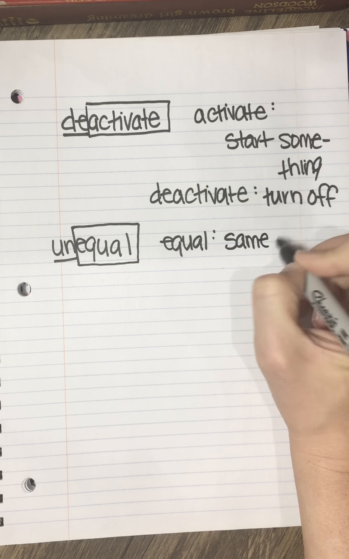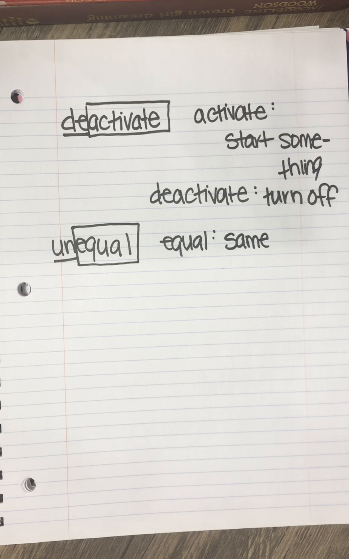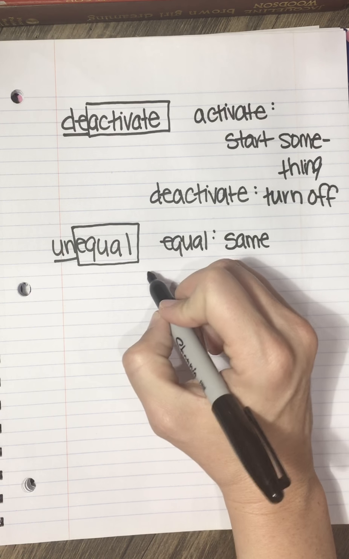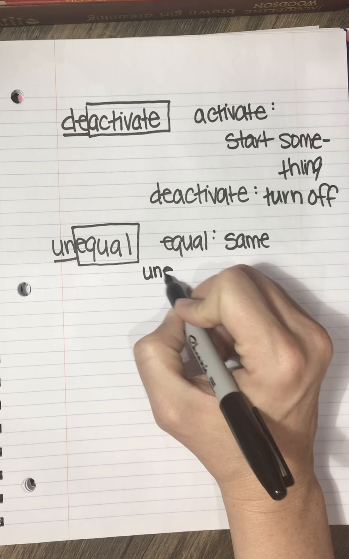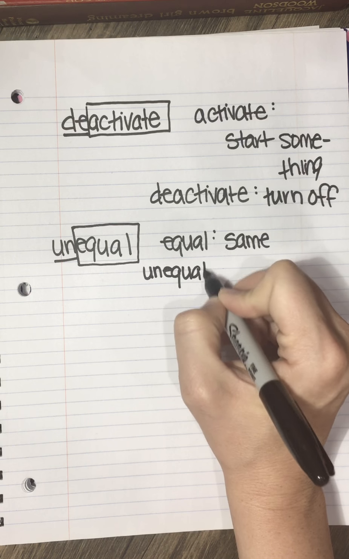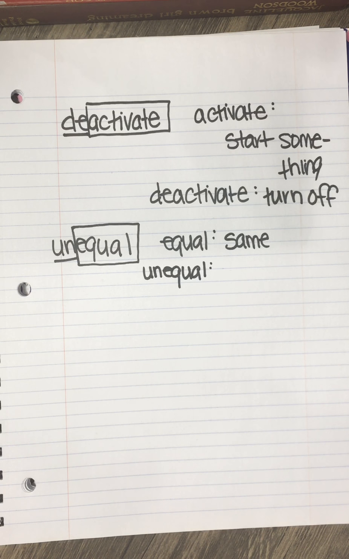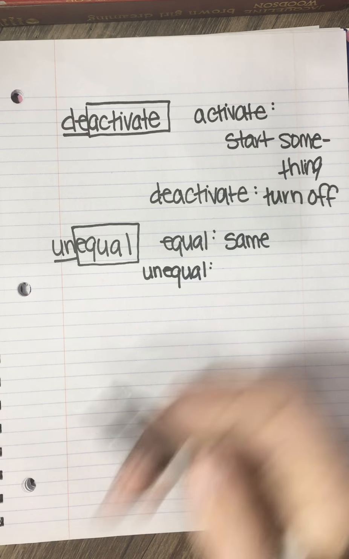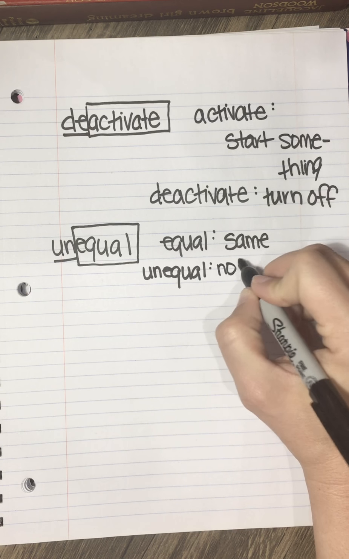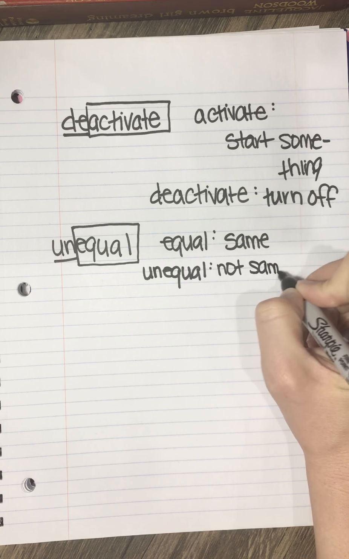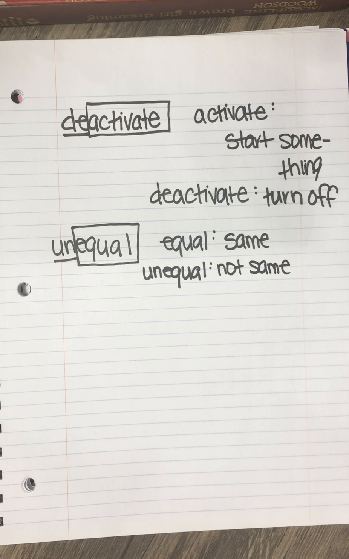It's either the same amount of something, the same size, or the same ability to do something. If we add our negative prefix un to make it unequal, that means it's not equal, or it's the opposite of equal. So it's not the same.